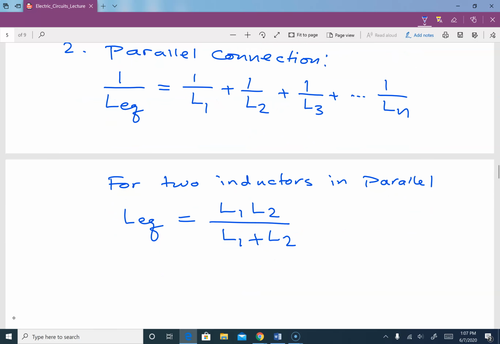So let us take an example here. Our example, we can go with, for example, this circuit.